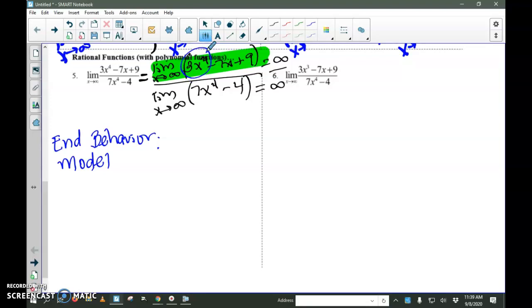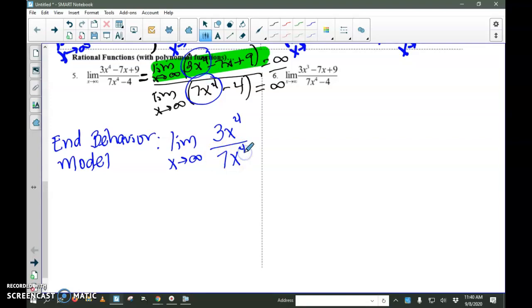So in the numerator, the term with the highest degree is 3x to the fourth. So I'm going to look at the limit as x approaches infinity of 3x to the fourth in the numerator. And in the denominator, the term that has the biggest exponent is 7x to the fourth.